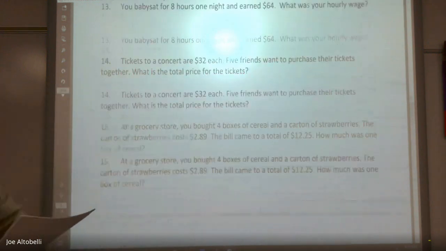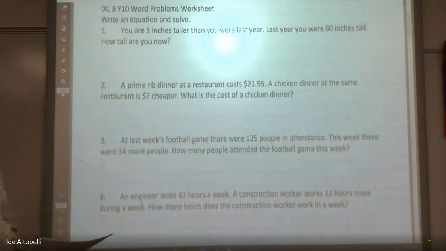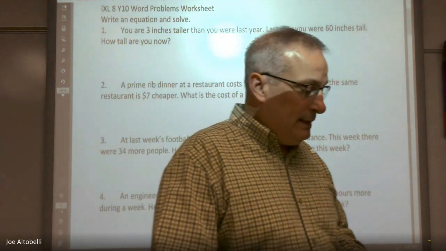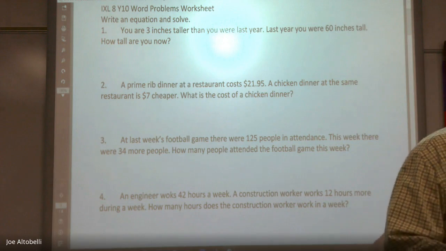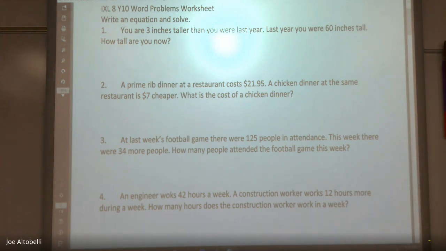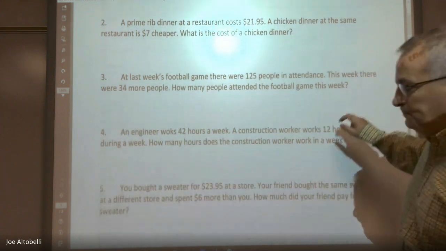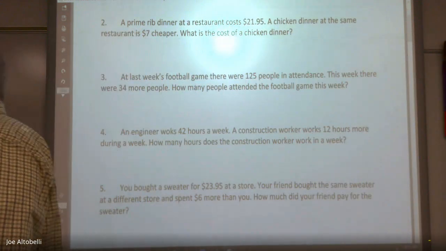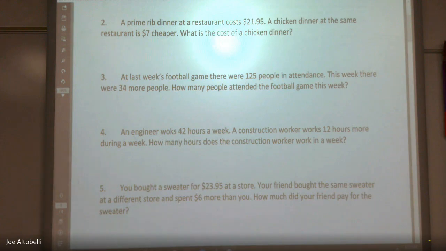Now, if you go back to the top or the beginning, what we are going to do is go through not every problem. I'm going to do some of them. So let's start with number 3. I'm not going to do them all, so I'm going to skip around. Number 3.